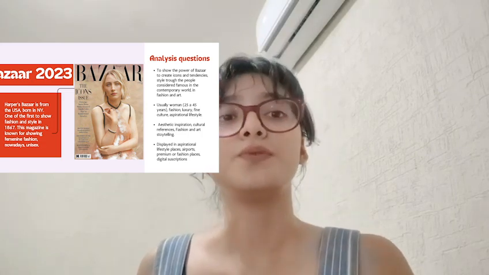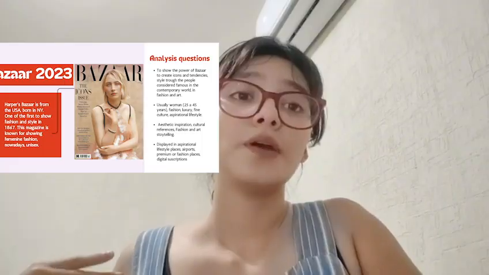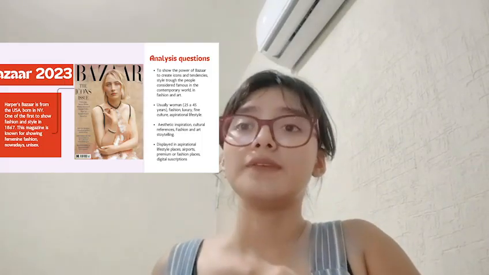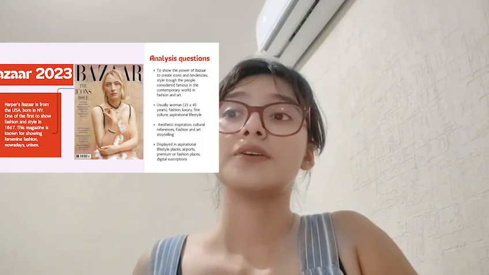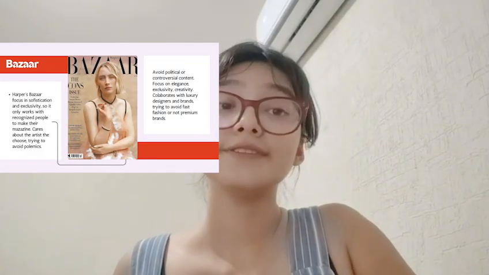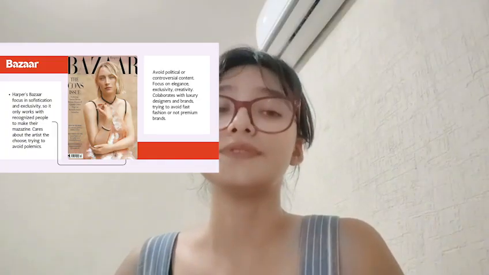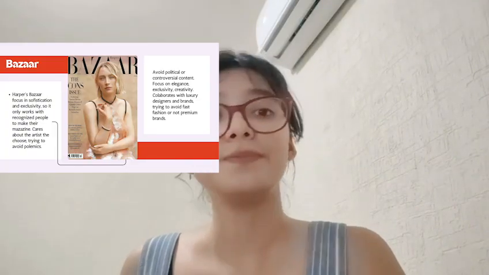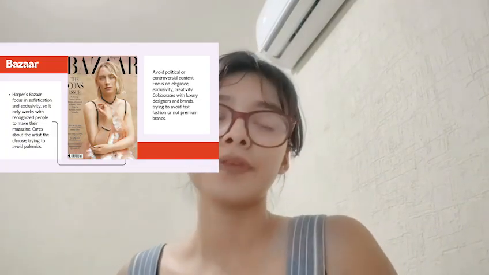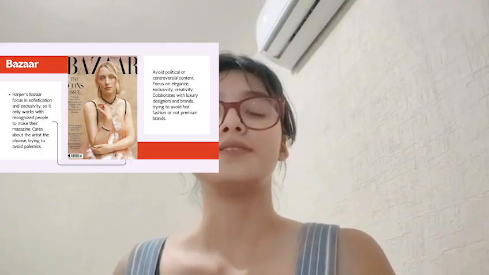shops that display fashion. To make a poster, we also have to ask ourselves if there are any guidelines governing the content of the poster. In this example, Harper's Bazaar focuses on luxury and sophistication, so the people they choose to work with have the same level of respect they have.